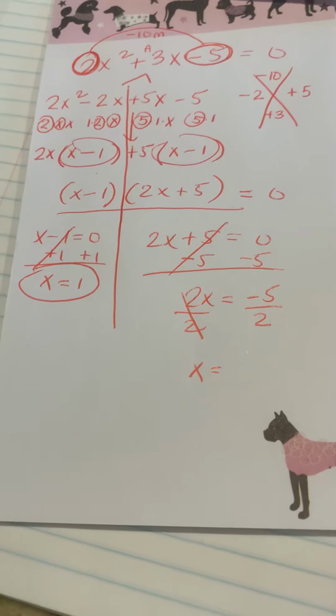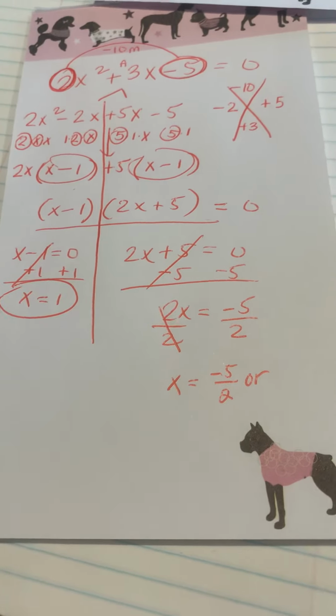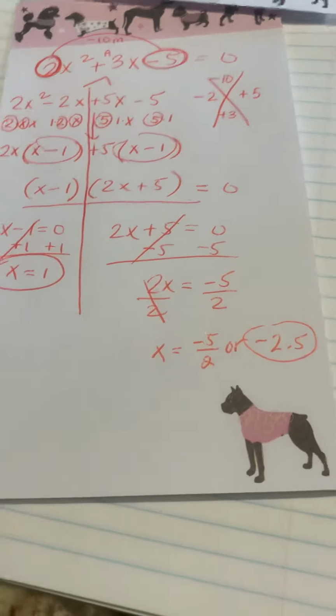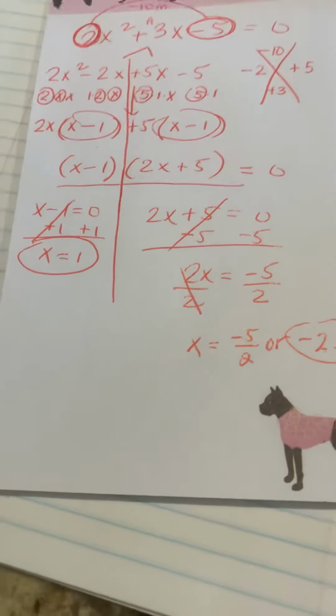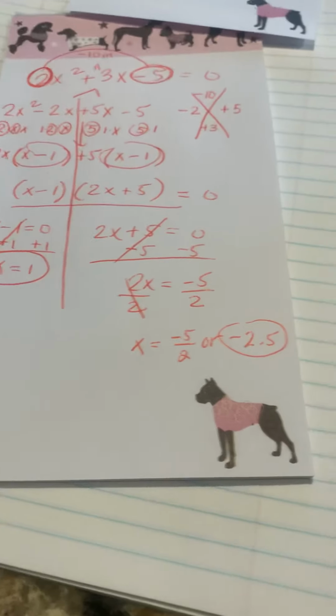That leaves us with a fraction. I can either leave that in fraction form, or divide those numbers and put it in decimal form, which would give us -2.5. That would be my other answer. Fraction form or decimal form is fine, depending upon how the question asks. So my 2 solutions would be 1 and -2.5.